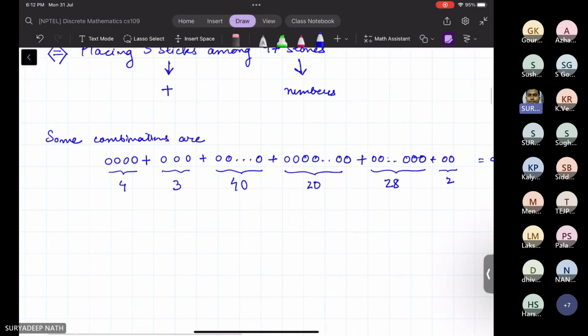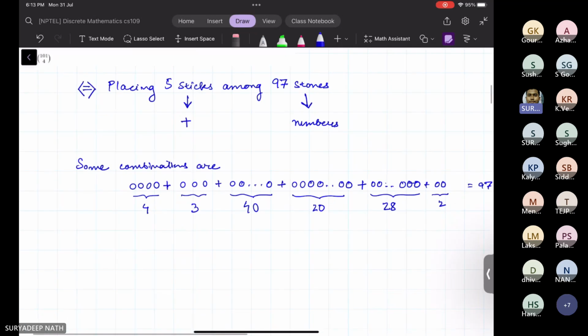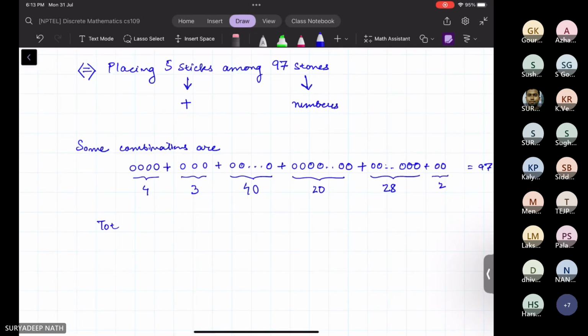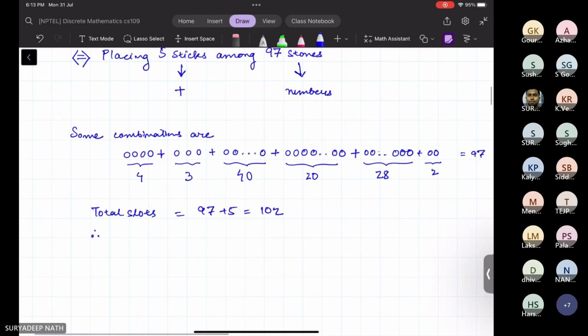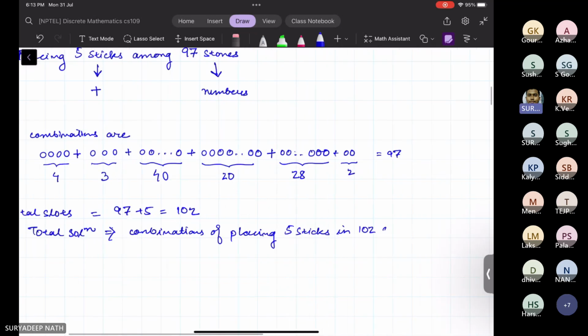So how many ways can we place these sticks and stones? The total slots equal 97 plus 5, that is 102. Therefore the total number of solutions equals the combinations of placing 5 sticks in 102 slots.